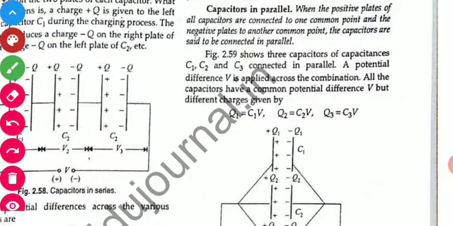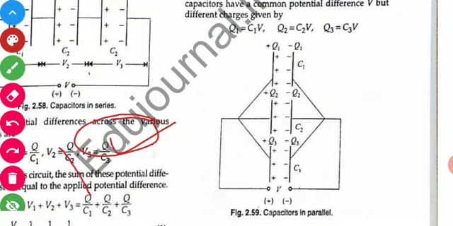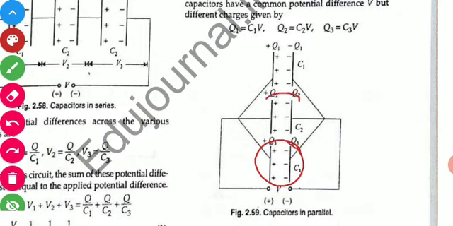When the positive sides of all the capacitors are connected to one common point and the negative sides to another common point, the capacitors are said to be in parallel. So, students, as you can see here, we have various capacitors, like this is our capacitor, this is our capacitor, this is our capacitor.